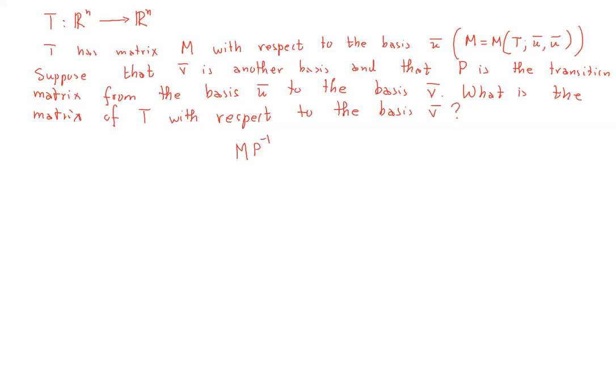And so this changes from V to U. The matrix M computes T with respect to U. And then you need one more matrix, which will be now P, which changes from U to V.